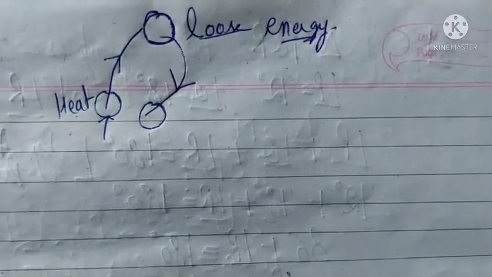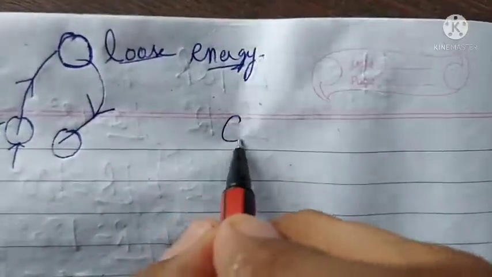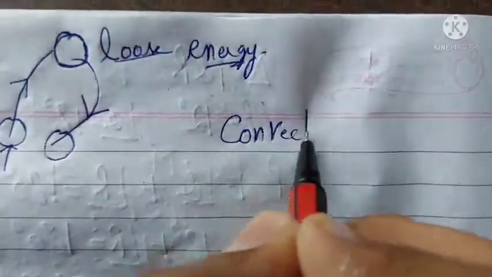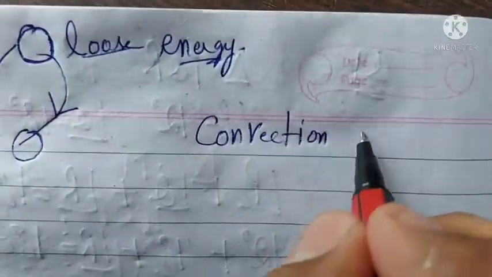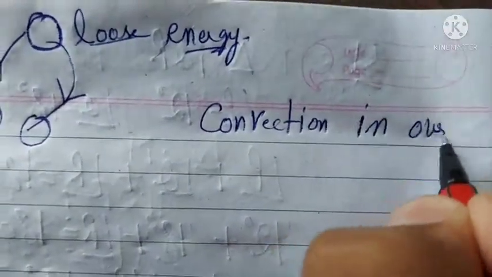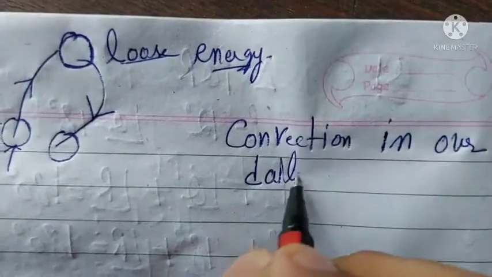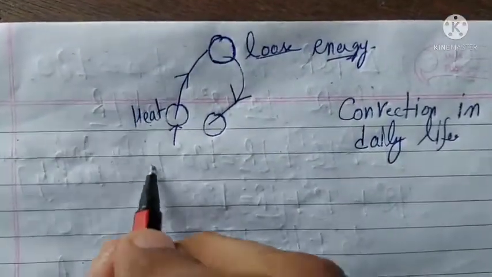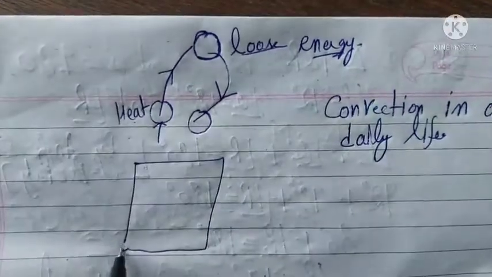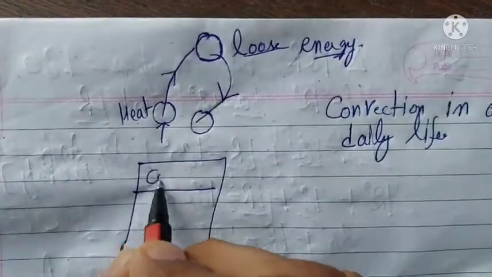So the next topic is how convection is observed in our daily life. In a refrigerator there is a cooling section that is lying upward.